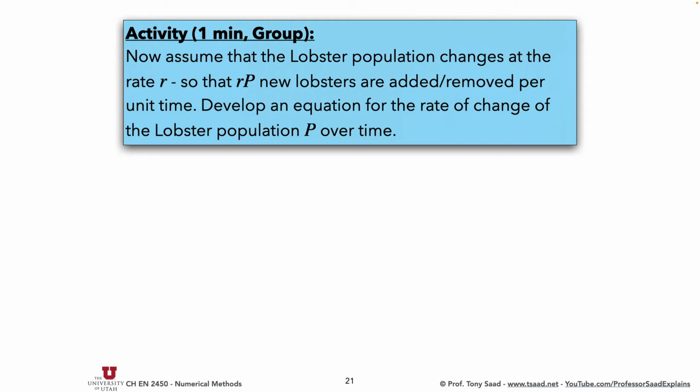I know there's going to be a little bit of a challenge to start thinking about rates of change now, but once you get over that barrier, it becomes easy. So rP new lobsters are added or removed per unit time. That's the rate of change of the lobster population.